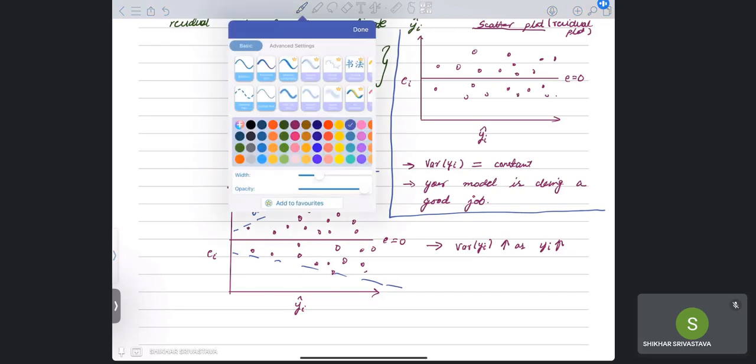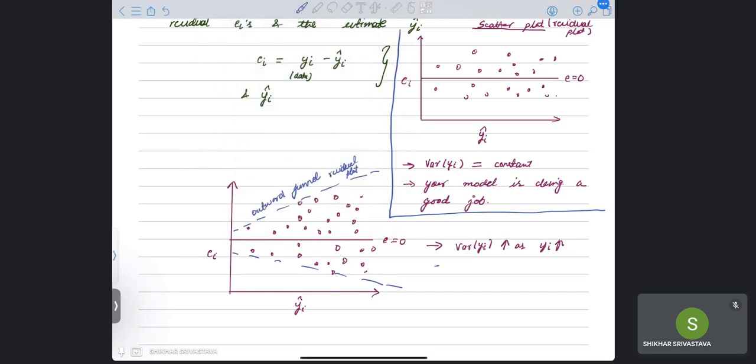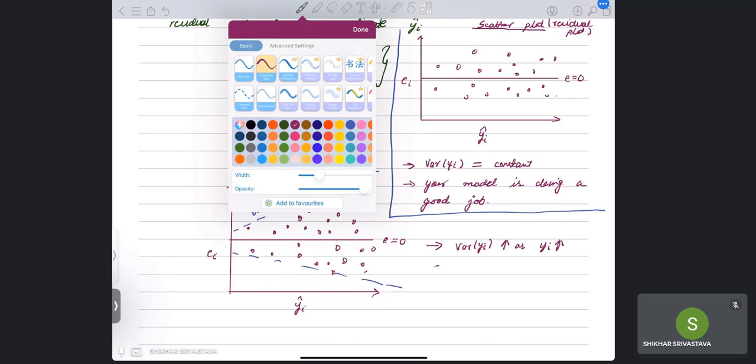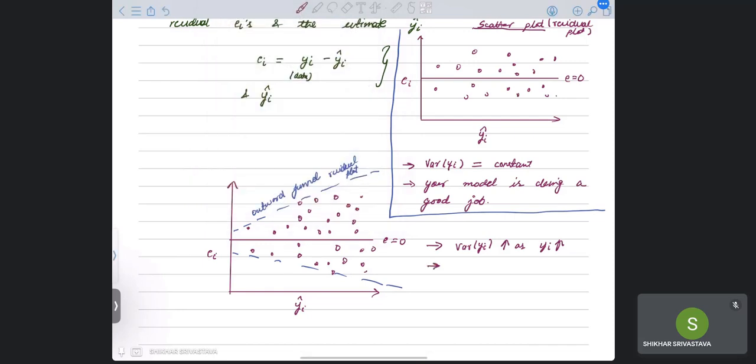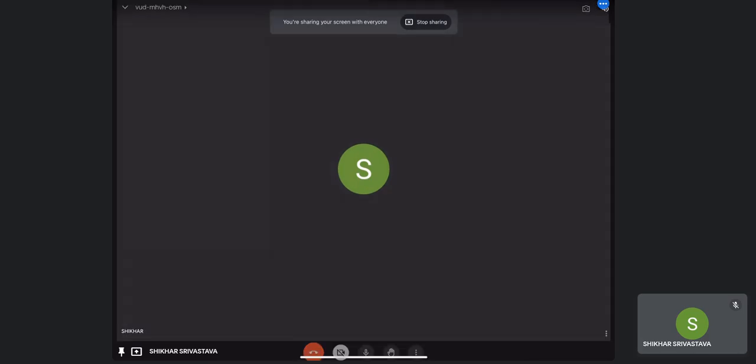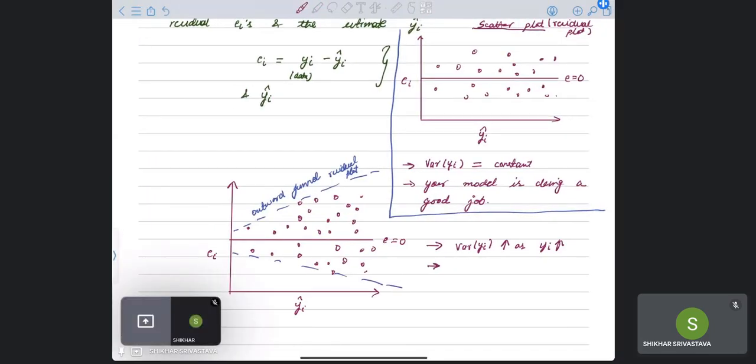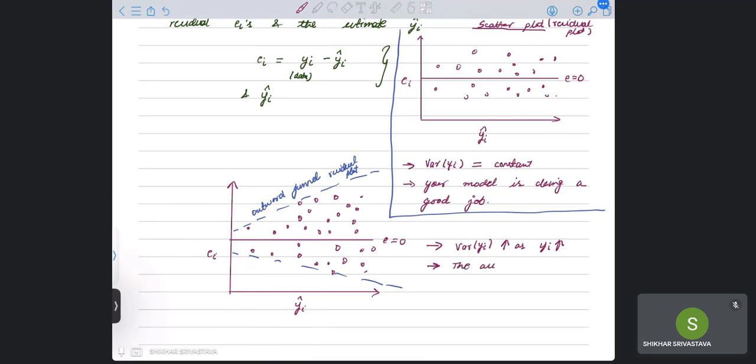So in this case, what you see is that your variance goes on increasing as you increase the value of y. So it implies that the assumption of constant variance in a linear regression model is violated.